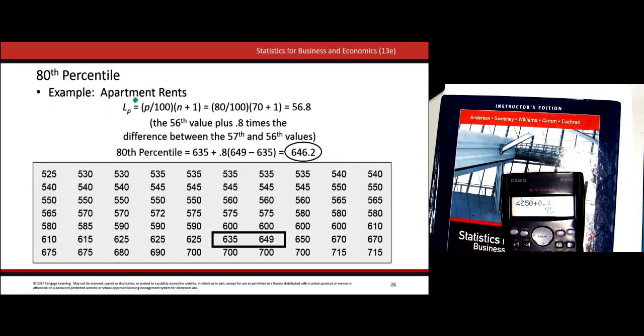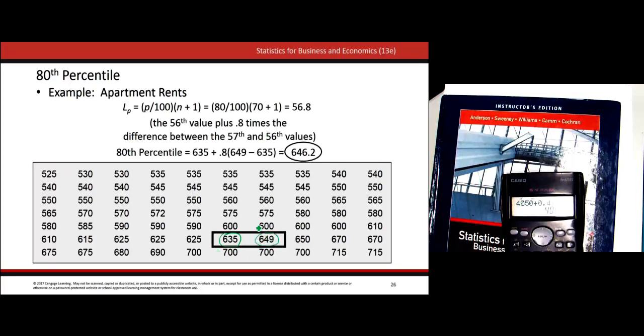Now here, for the 80th percentile, we locate it: P over 100 times n plus 1. Here the sample size is 70, so 70 plus 1, which gives 56.8. So the 80th percentile is somewhere in between the 56th and the 57th observation, in ascending order.